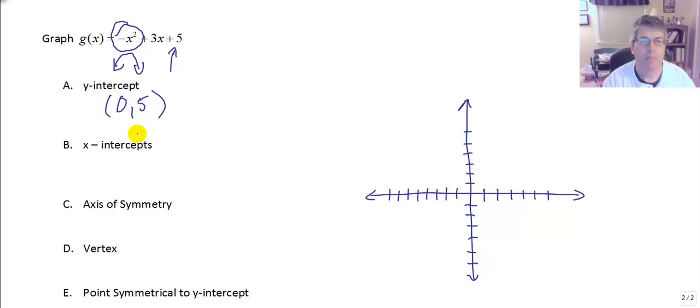The x-intercepts: this does not look like it's going to be factorable, so I would recommend you use the quadratic formula, and then your axis of symmetry and your vertex and your point symmetrical to the y-intercept. So see if you can find those particular points and create the graph of that parabola, and I will see you in class.